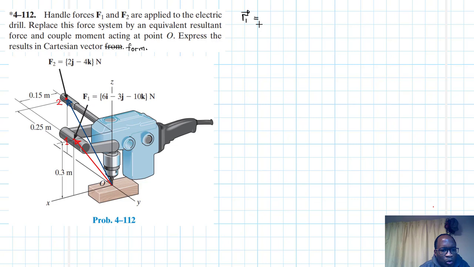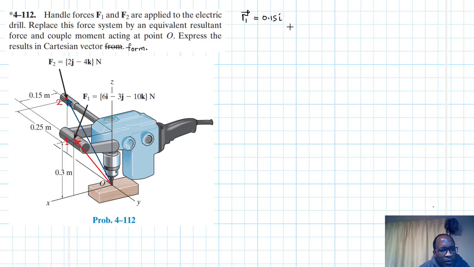R1 is equal to the coordinate in the X. Do we have anything in the X? We do have. It is 0.15 i.